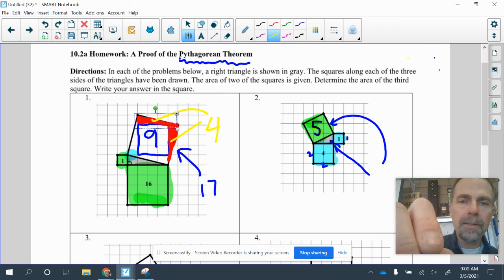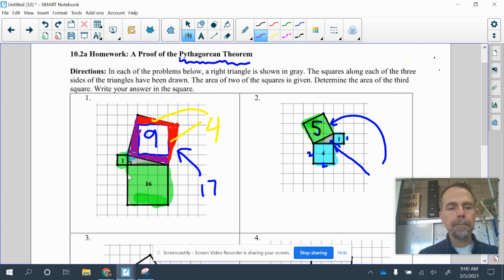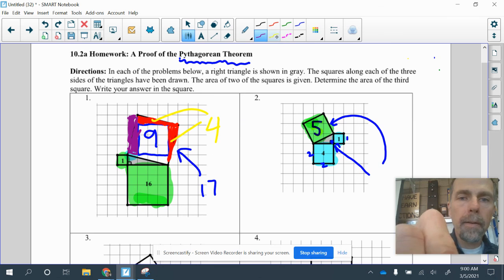Area of 4, that means this triangle plus this triangle, if I slap them together, so if I take this one, turn it, and put it right here, hey, look at that.